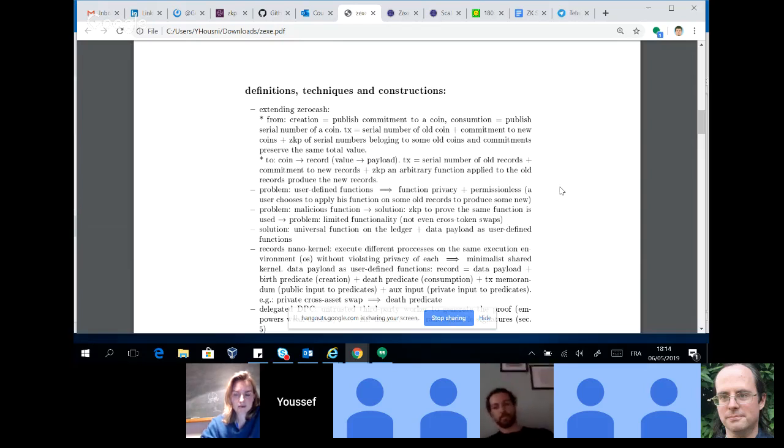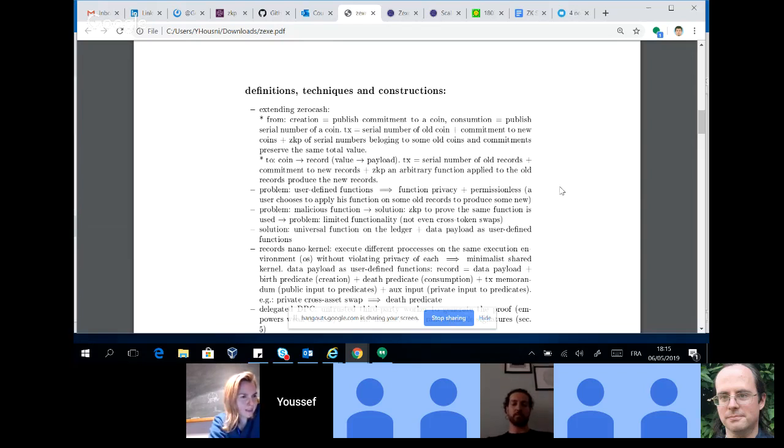So this was the first attempt, and the second attempt is to do a universal function on the ledger. So on the ledger you will have a universal function, and then your user-defined function will be inside the data payload. One universal function, and the data payload as user-defined functions.